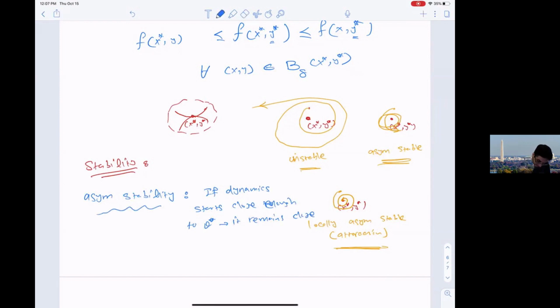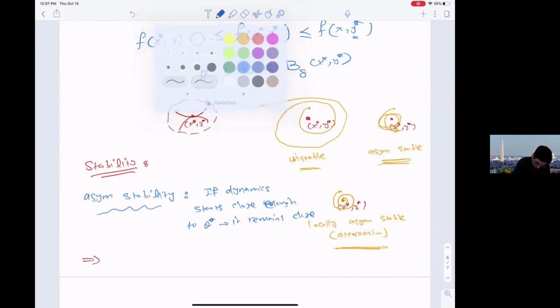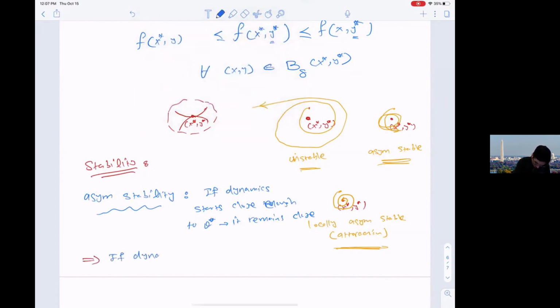But if the dynamics in fact converge to theta star, we say it is locally asymptotically stable, or this point is an attraction. That's the stability that we care about. Even if we find these local saddle points, we want them to be stable. We don't want to say that if you're epsilon away from it, then your dynamics are going to take you away.